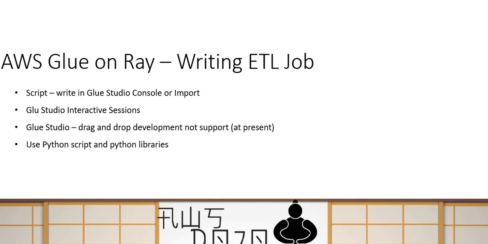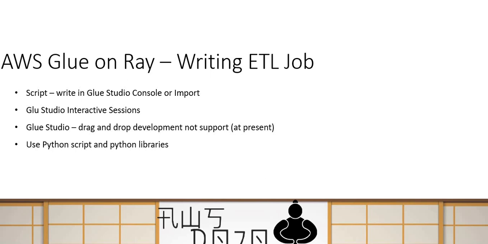Then I will show you how to start the interactive session. But in the interactive session, I will not go very deep because I have another video already which talks about how to do interactive development in Glue Studio. But I will show you that you have the capacity to create interactive Glue job development using Glue Studio with Ray as an engine. At present, Glue Studio does not support a drag and drop approach.